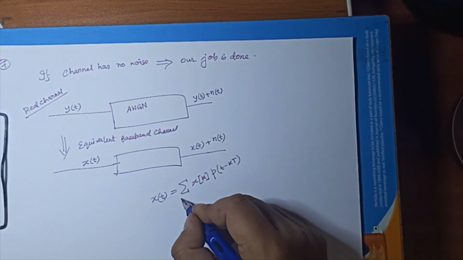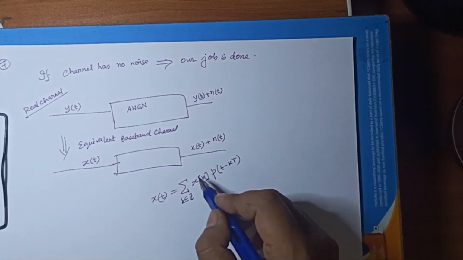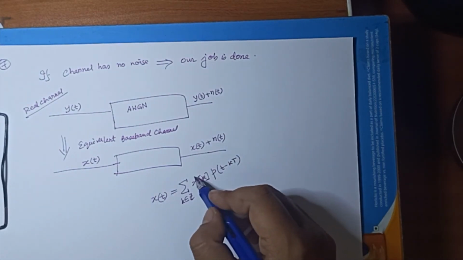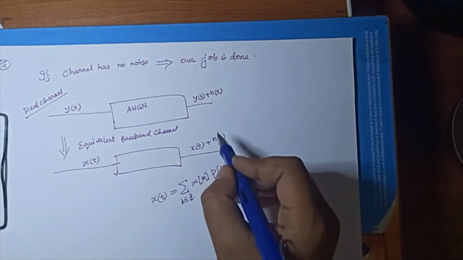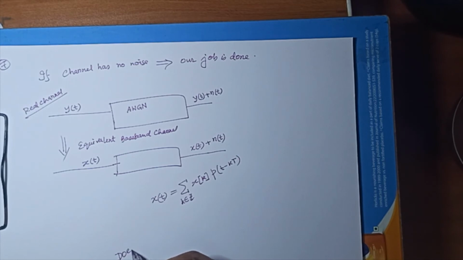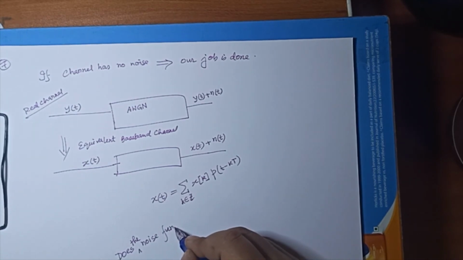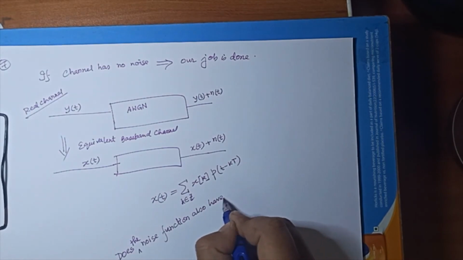This Fourier expansion is there. So from this baseband function, we know how to convert it to a sequence. What will happen to the noise? Does the noise function also have some orthogonal expansion?